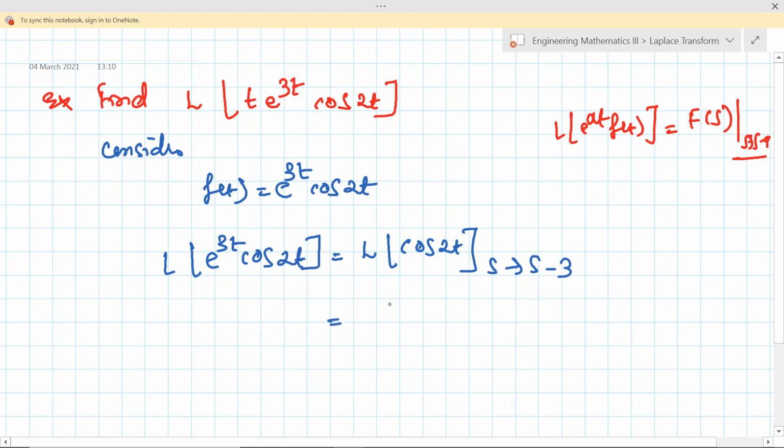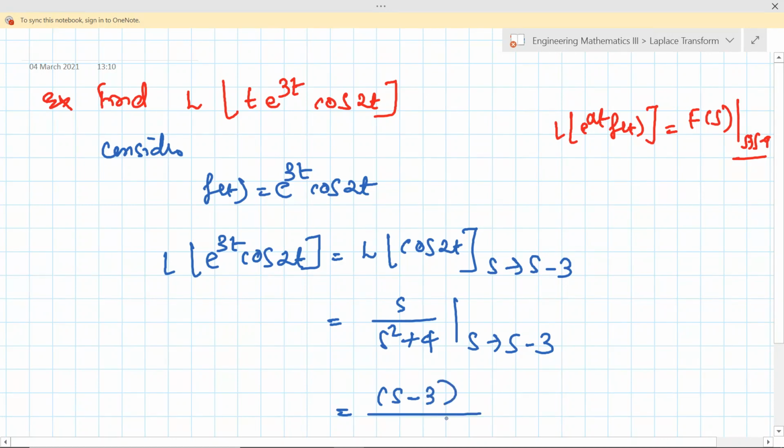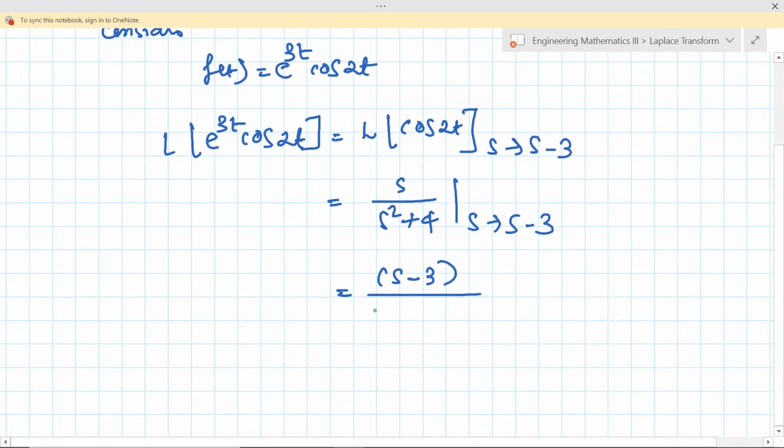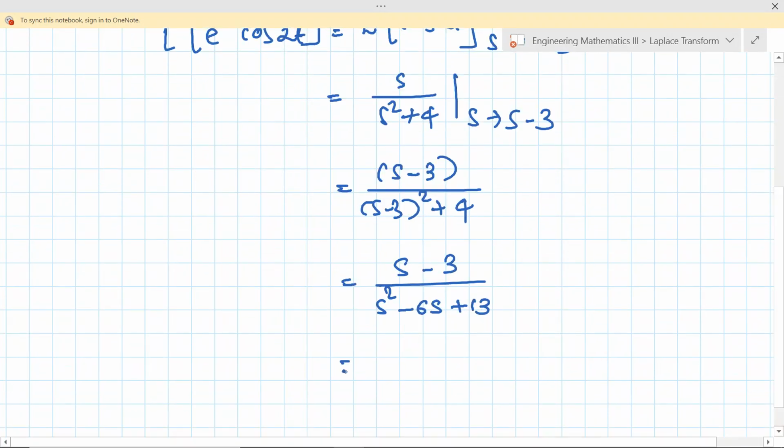What is the Laplace of cos 2t? This is s upon s square plus 4, and replace s by s minus 3. This is s minus 3 divided by s minus 3 square plus 4. If we simplify, s minus 3 divided by s square minus 6s plus 9 plus 4, which is 13.